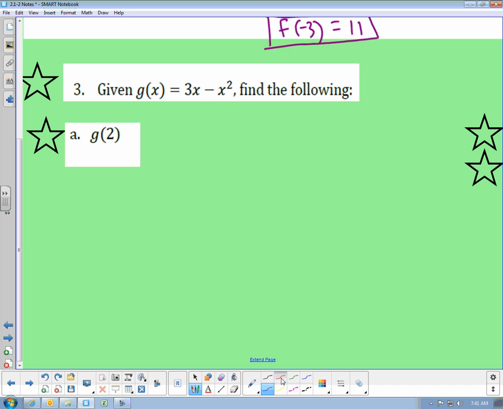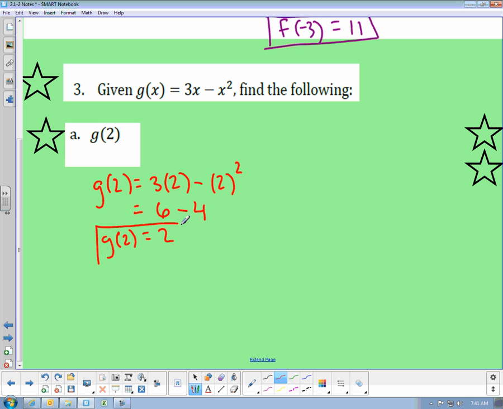So g of 2 is going to be 3 times 2 minus 2 squared. And then I just simplify that. 2 squared is 4, 3 times 2 is 6. 6 minus 4, so g of 2 is equal to 2. And what that translates into is that you have a point with your x value of 2 and your y value of 2. That would be a coordinate on that function.